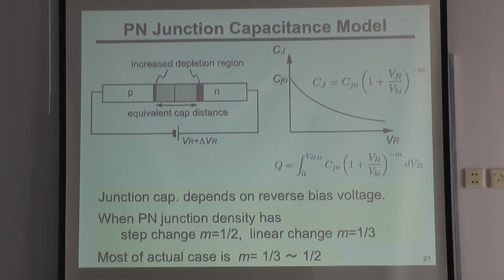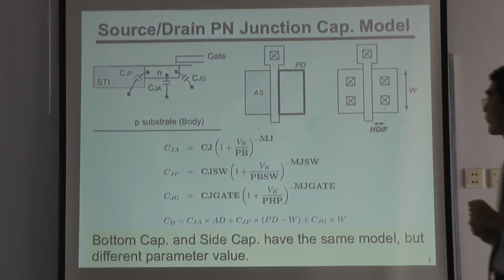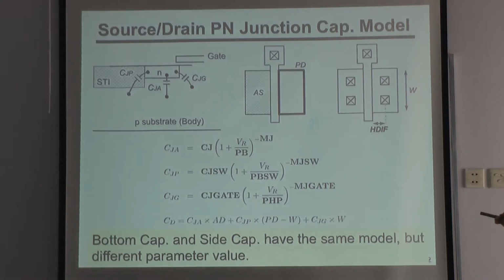Once we see the SPICE simulator files, there are these kinds of parameters, so we want to check this first. Again, we are going back to the source and drain PN junction capacitance. We have the area junction capacitance, the junction capacitance per unit peripheral length, and the peripheral gate one, like here.